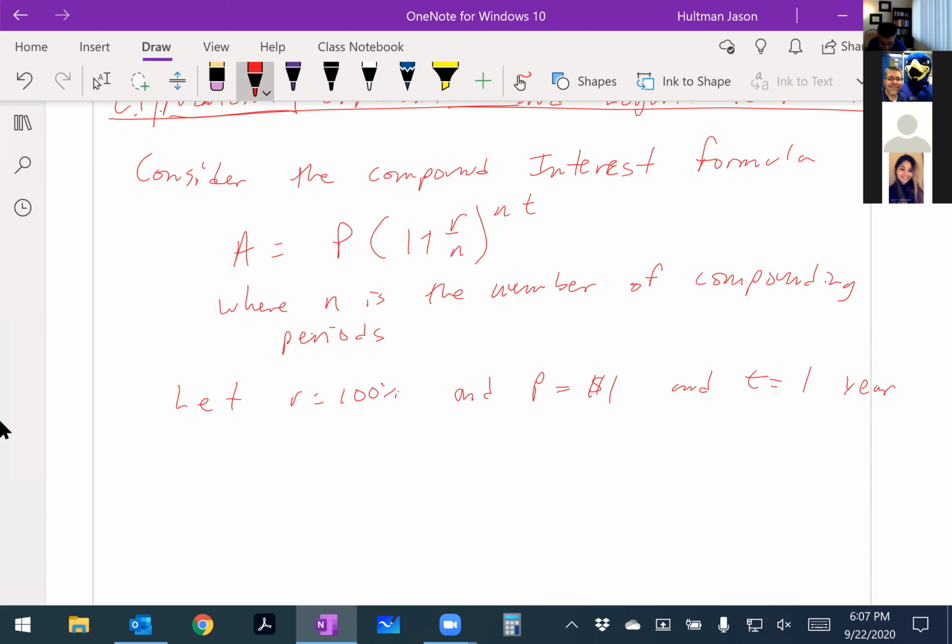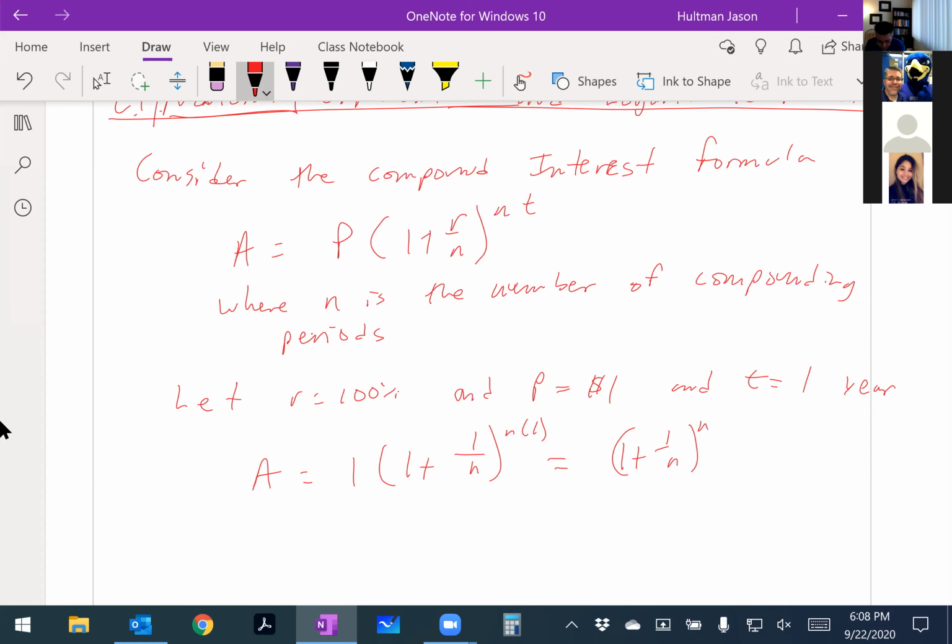Then A would become $1 times 1 plus 1 over n to the n times 1, which is going to simplify to 1 plus 1 over n to the n power.